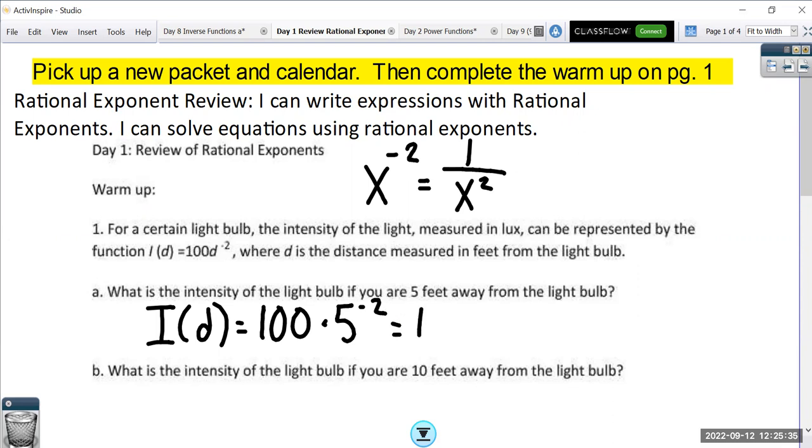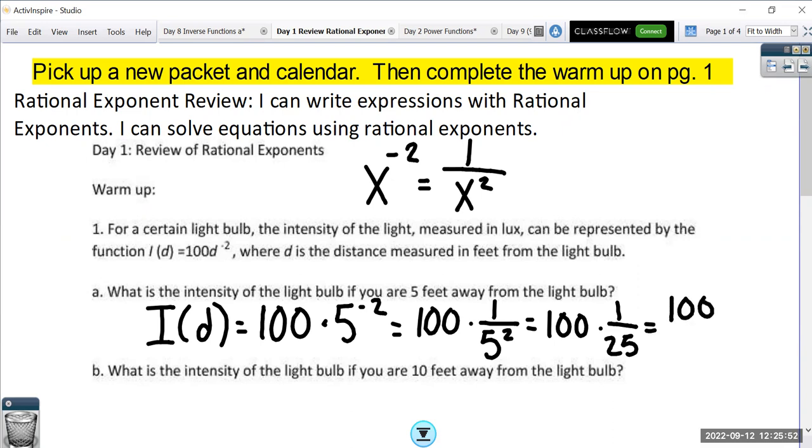Simplifying, I have 100 times 1 over 5 to the 2nd power, 100 times 1 over 25, 100 divided by 25, which leaves me with an answer of 4 lux. We want to include those units.